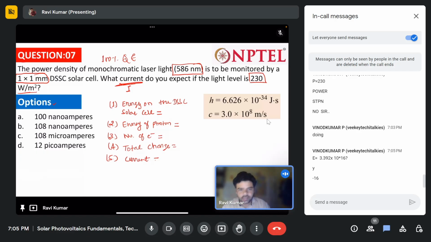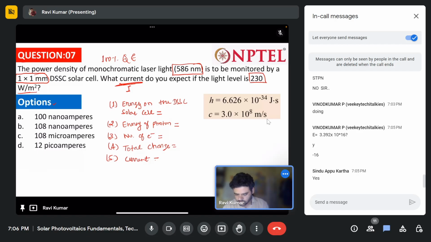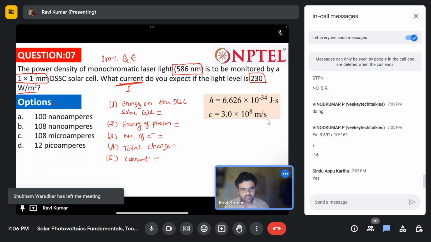Minus 16, then it can be 6.626. .39 is right, but 10 to the power 16 is wrong.